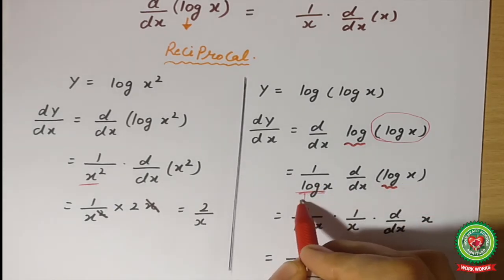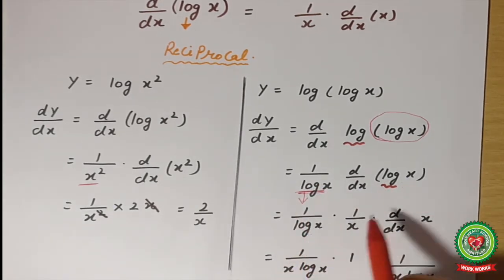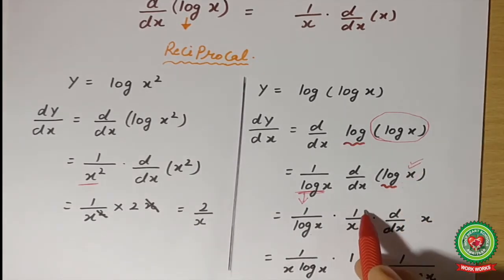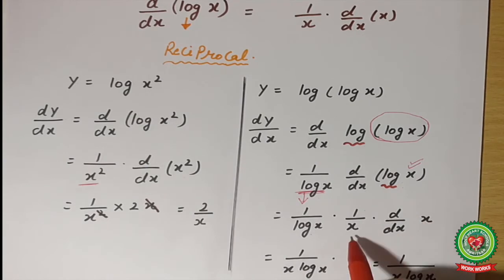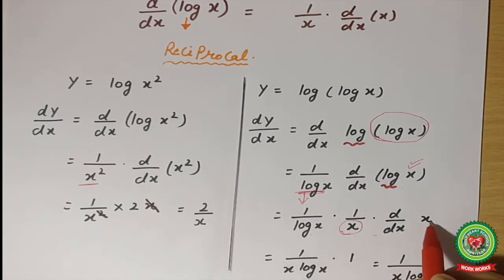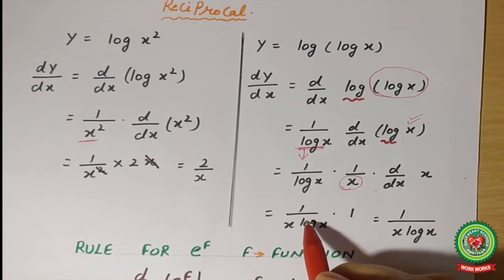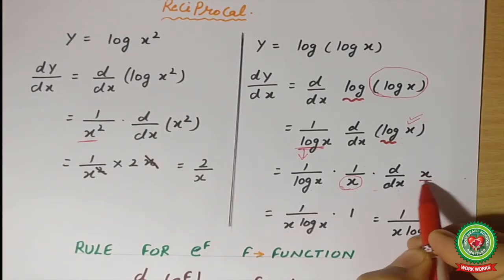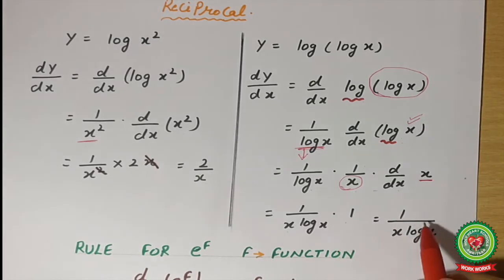This term continues as it is, 1 upon log x. Now log x is the reciprocal of x again, 1 upon x into ddx of x. Clear? Now it becomes 1 upon x log x. What is the differentiation of x here? 1. Answer is 1 upon x log x.